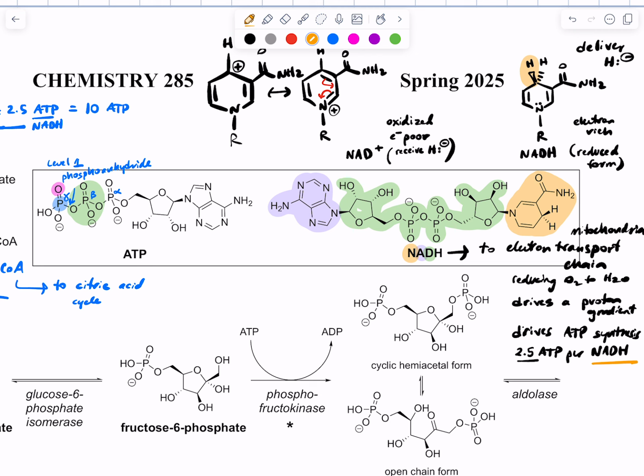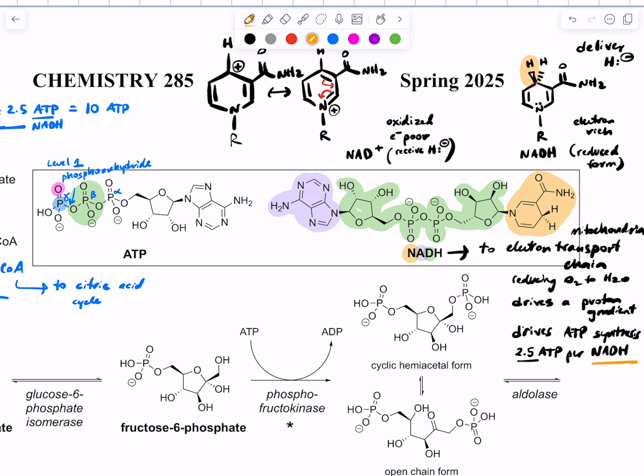But basically, NADH delivers its electrons to the electron transport chain. Those funnel down through an elaborate pathway to reduce molecular oxygen to water. In the process, enzymes in the electron transport chain pump protons, H+, across the mitochondrial membrane. That creates a concentration difference between sides, and to equal that out, hydrogen ions actually flow through something called an ATP synthase, and they provide mechanical energy to make ATP.